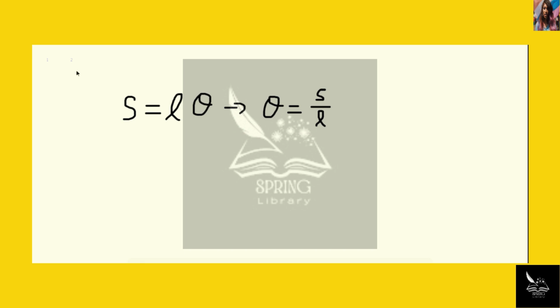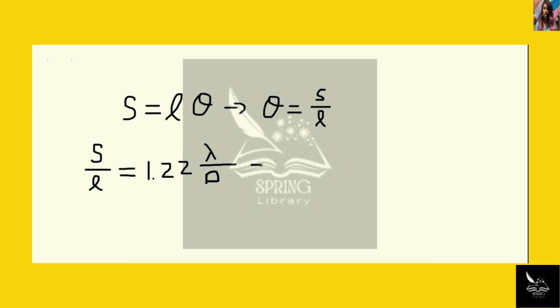So we can set those 2 equations equal to one another. So we have S over L, where we know both of those terms, is equal to 1.22 lambda over d, since both of those are equal to theta. It should be lambda divided by the diameter d.